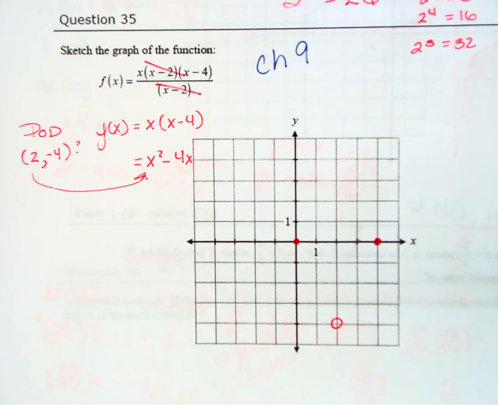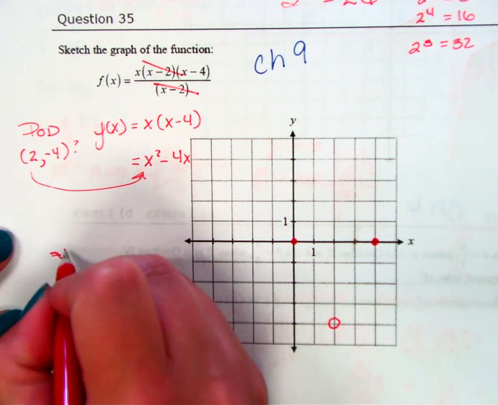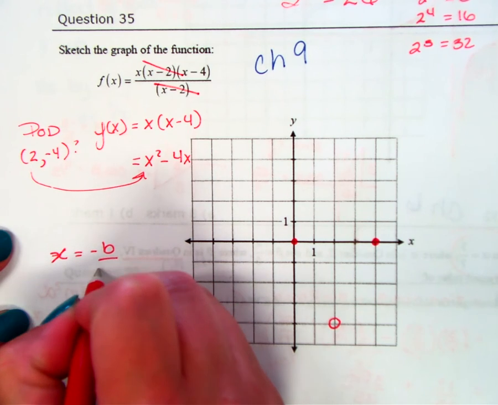Okay, so where's my vertex? It's a parabola, right? Everybody agrees this is a parabola. So how are you going to find the vertex? Secret formula? So x equals negative b over 2a.